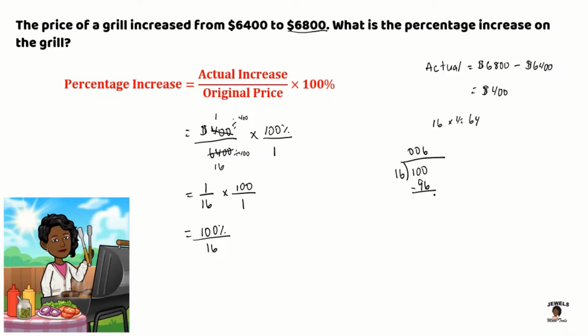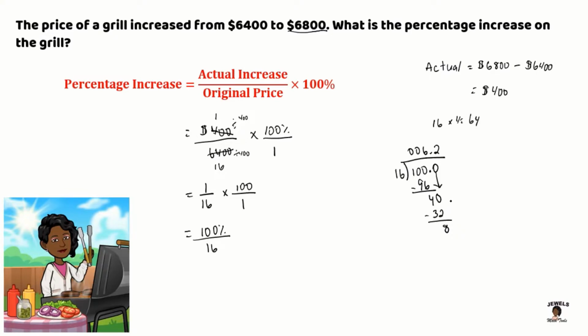And 100 subtract 96 leaves us with a difference of 4. And again, I'll just take it to 1 digit behind my decimal point, change my 4 into 40, and 16 goes into 40 twice, and 2 times 16 is equal to 32. And when 40 subtracts 32, it's equal to 8.